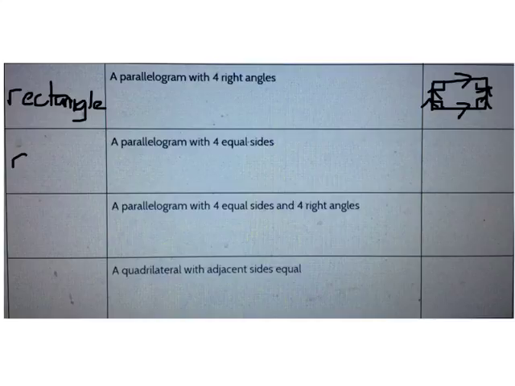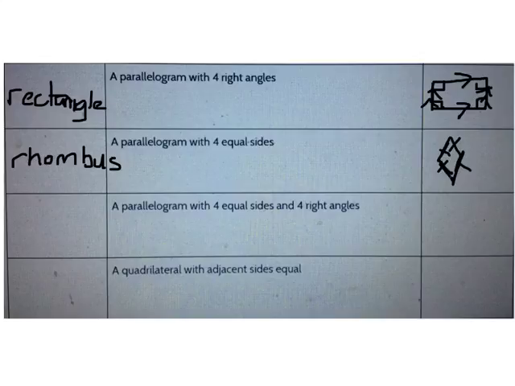A rhombus is a parallelogram with 4 equal sides. So if all 4 sides are equal, it's a rhombus.